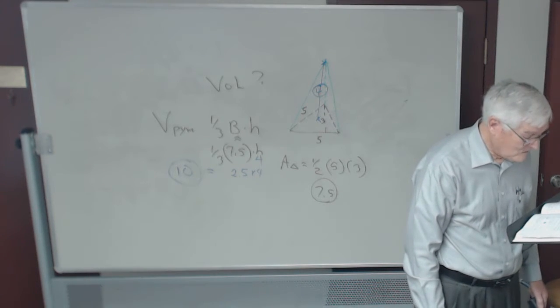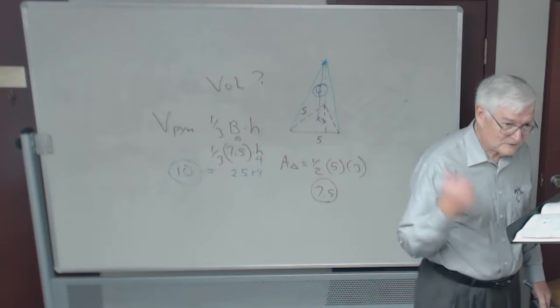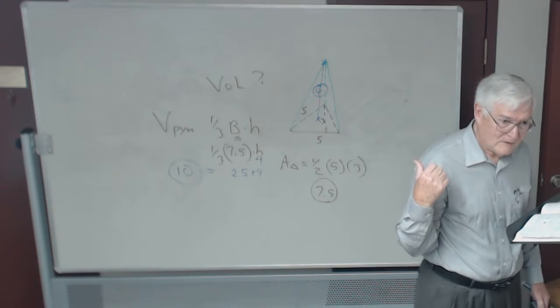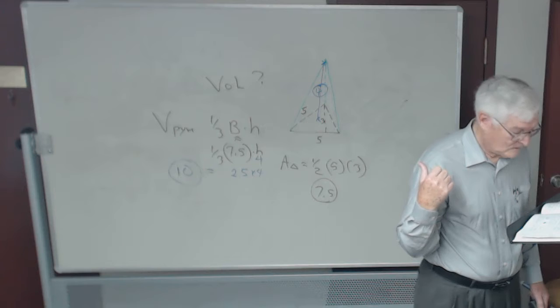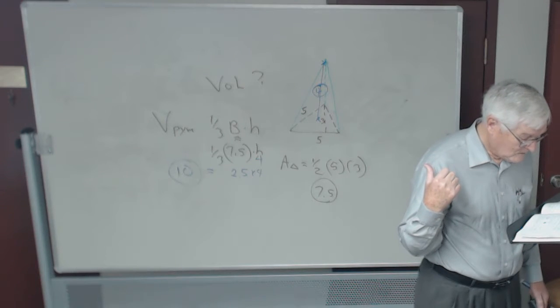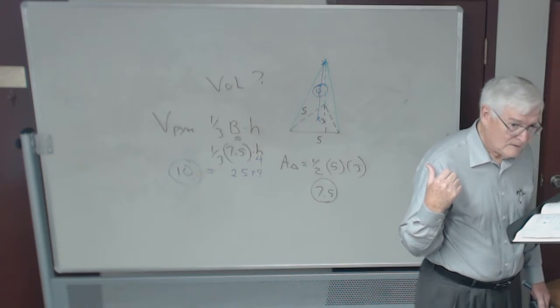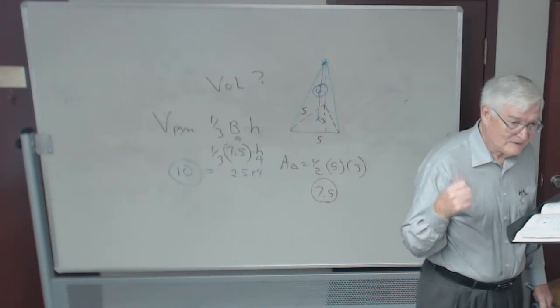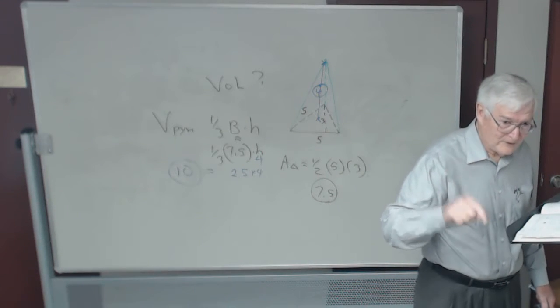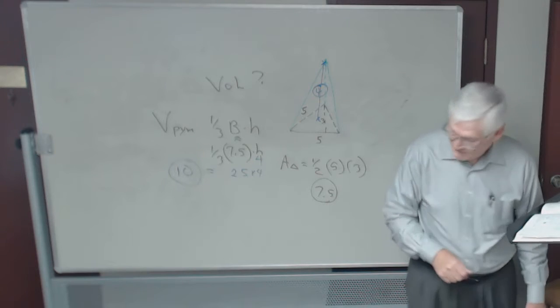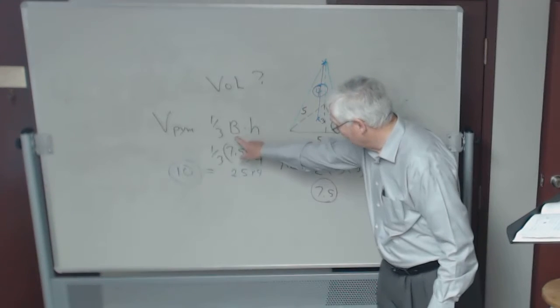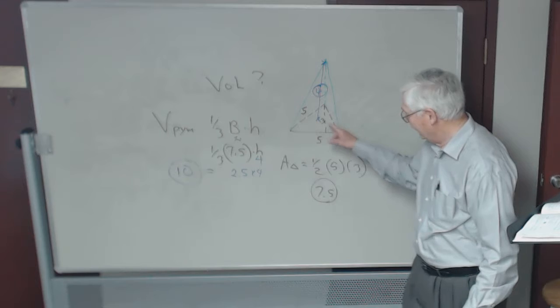Number 19. So what's going to give you trouble with this one? The volume of the cone. You need to write some formulas down. Write some steps on what do you do first, what do you do next. Finding the area, finding this capital B, the area of that little triangle.